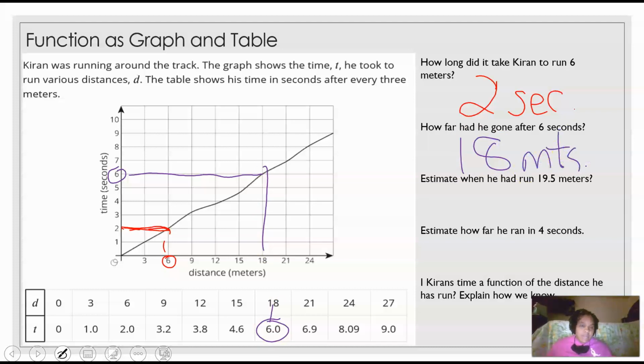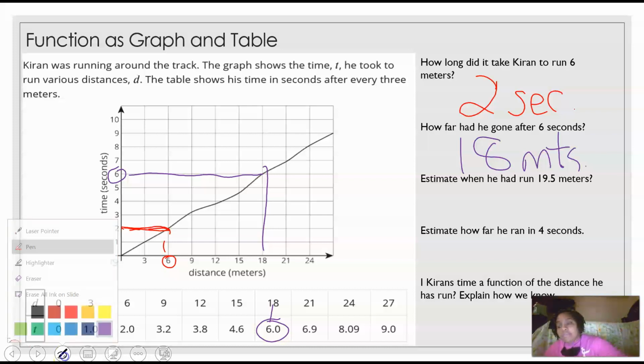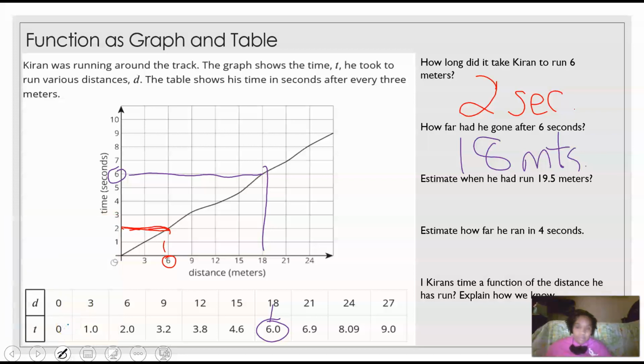I'm going to abbreviate. Estimate when he had run 19.5. When it says estimate, we know for sure that 19.5 meters may not be on our table, so we definitely have to use our graph for this one. 19.5 is somewhere in between 18 and 21, so we're going to estimate that 19.5 is somewhere right here.